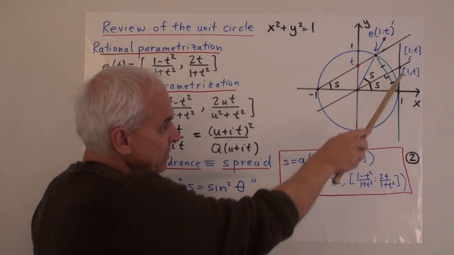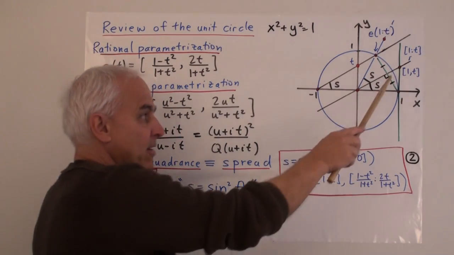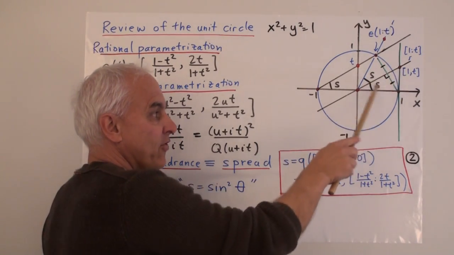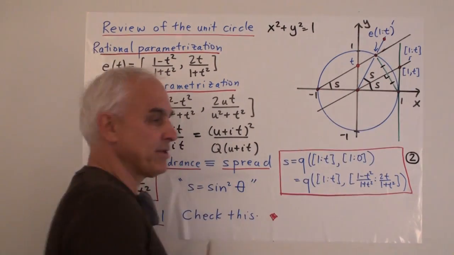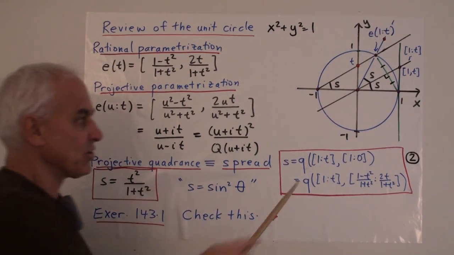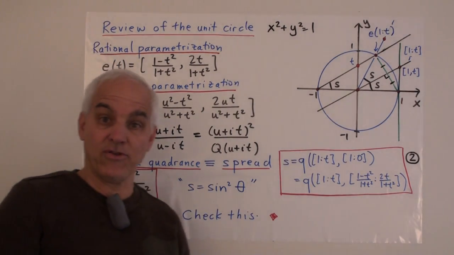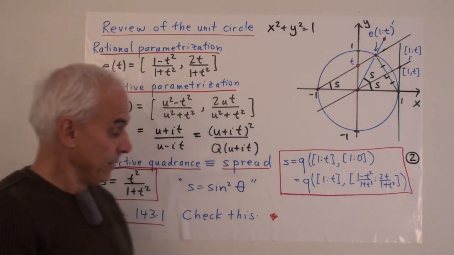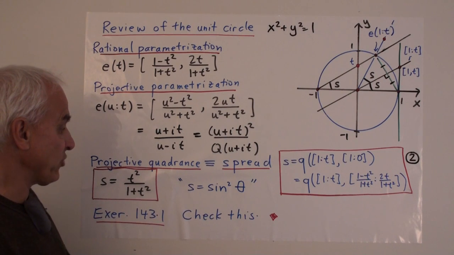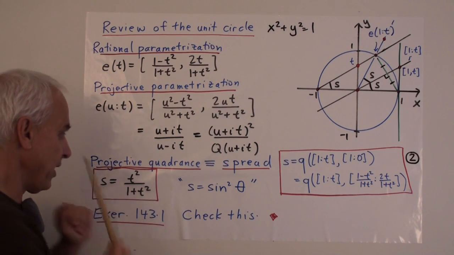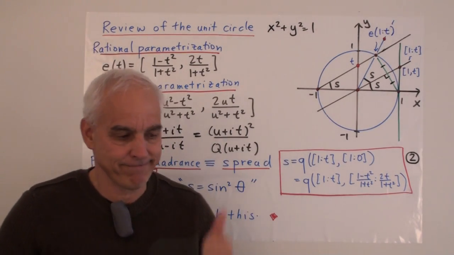This quantity, t squared over 1 plus t squared, we recognize as the quadrance of this opposite side in this little right triangle divided by the hypotenuse quadrance. So it's really like the square of the sine of an angle, if you believe in angles and in things called sines. This connects with trigonometric stuff quite naturally, but the point is that this quantity is purely algebraic and requires no infinite processes.